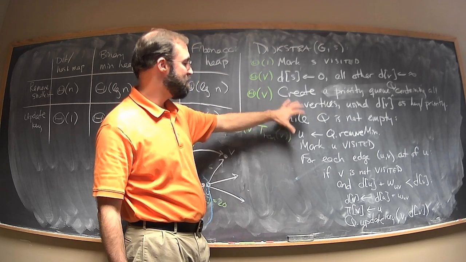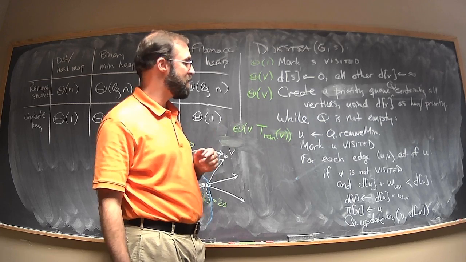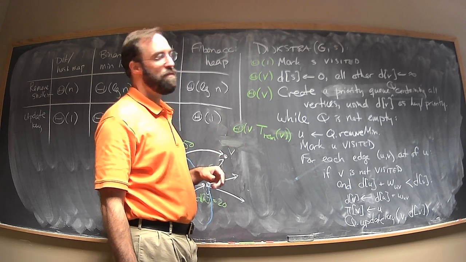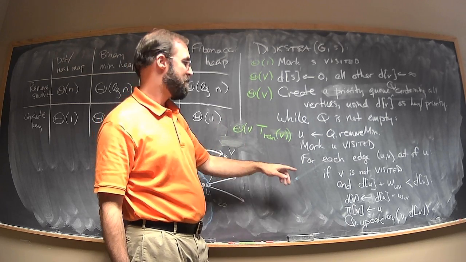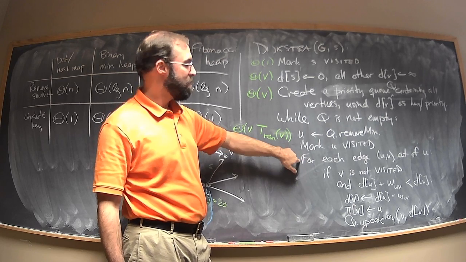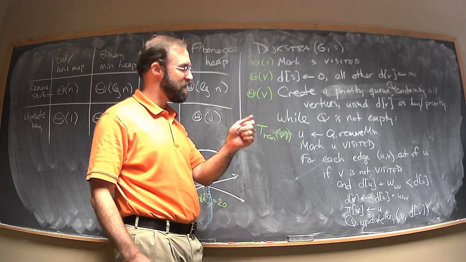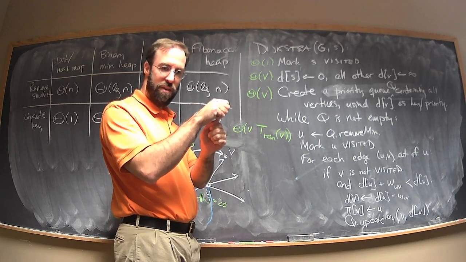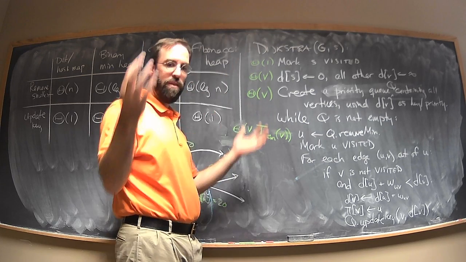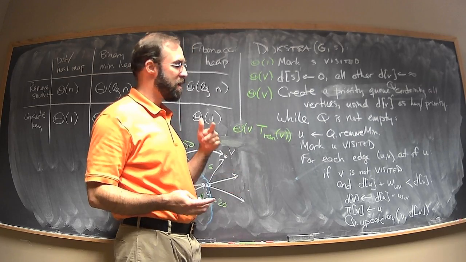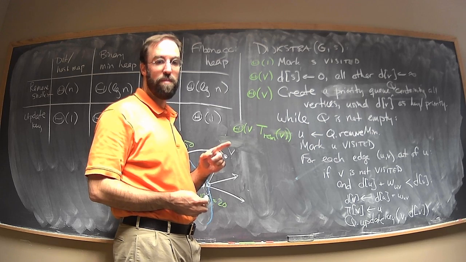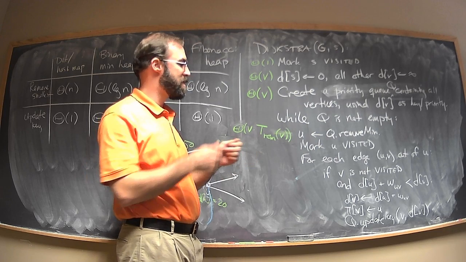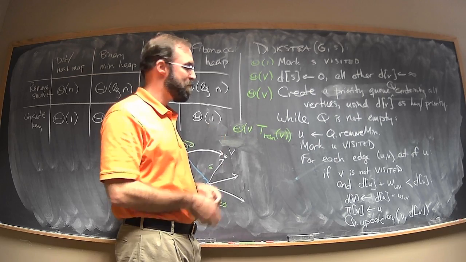We've got some nested loops here, but we're going to again do that trick where we say, forget about the fact that they're nested. So for each vertex, we look at all the edges going out of it, which means that overall, in the entire algorithm, we're going to look at every edge once. At some point, we're going to look at each vertex and then look at all the edges coming out of it.